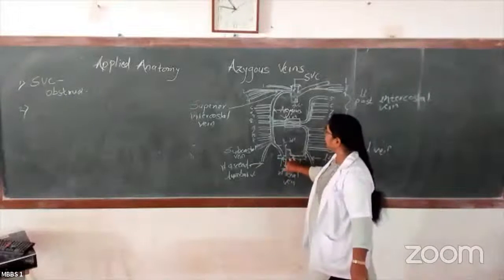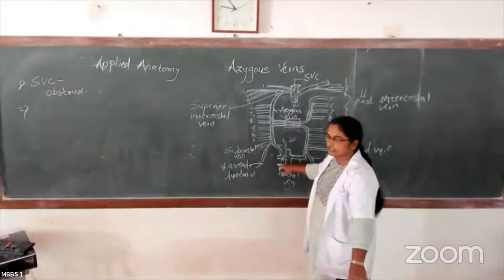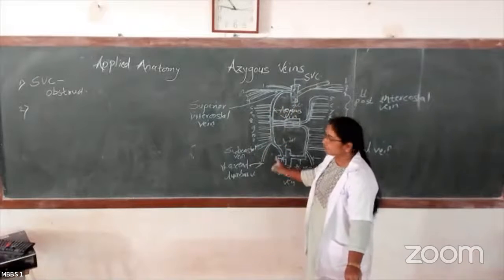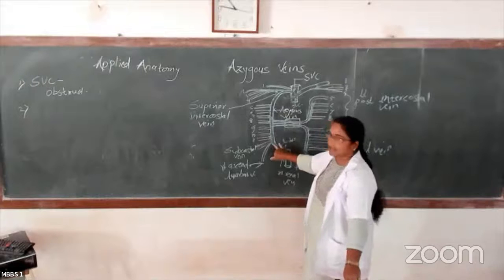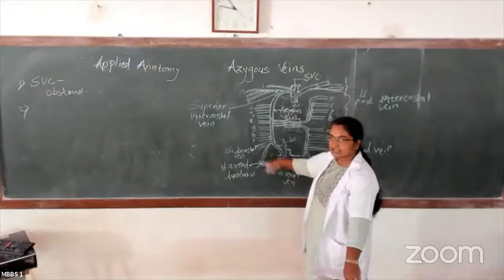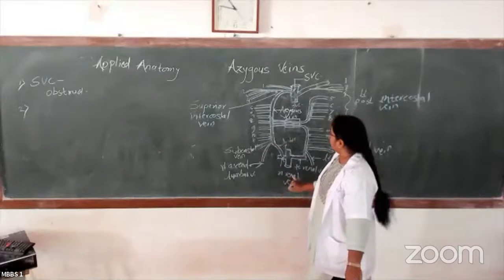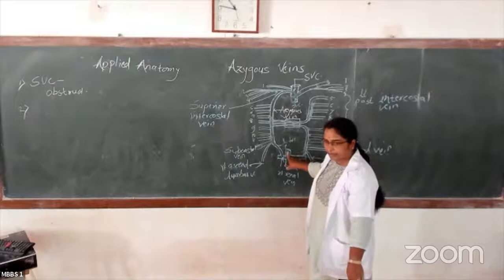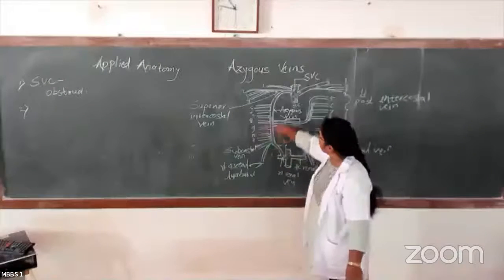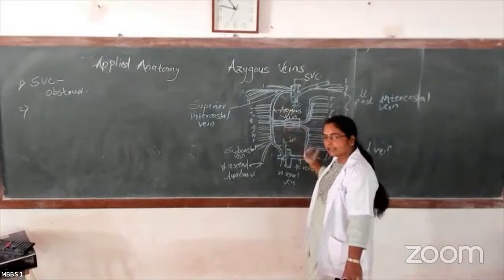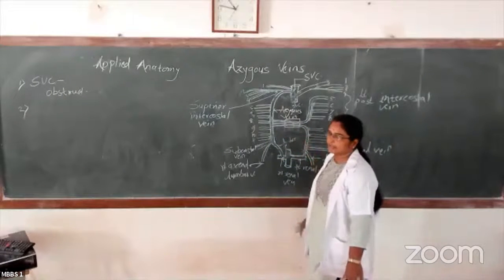Whenever the inferior vena cava is obstructed in the upper part, this venous blood is shunted to the superior vena cava through the azygous, hemiazygous, and vertebral veins.